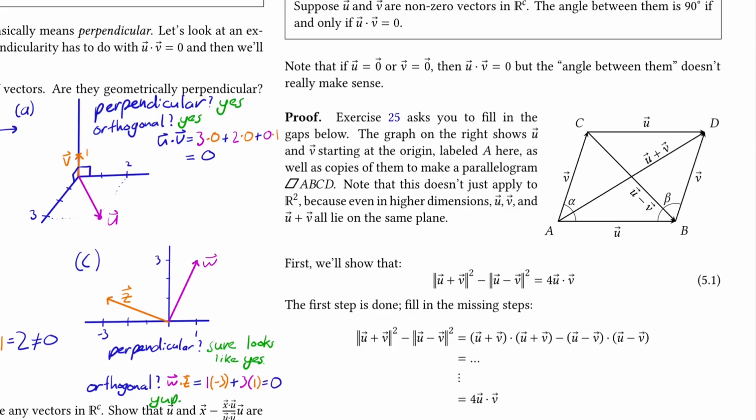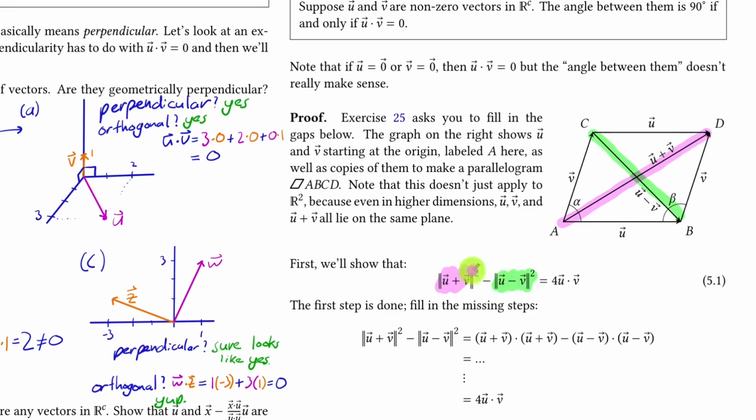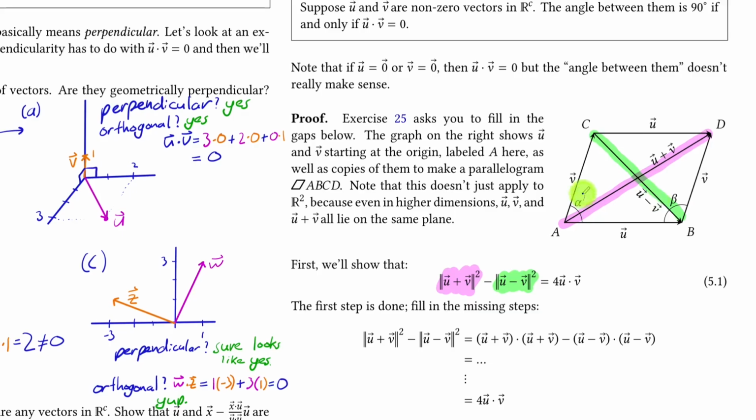The gist of it is to show that the lengths of these two vectors, which are the diagonals of the parallelogram determined by u and v, are related to the dot product of u dot v using this formula here. And you can sort of see why, if the lengths of the diagonals are equal, then the parallelogram is really a rectangle, and it means that alpha and beta are each 90-degree angles. I'll leave the details of that up to you.